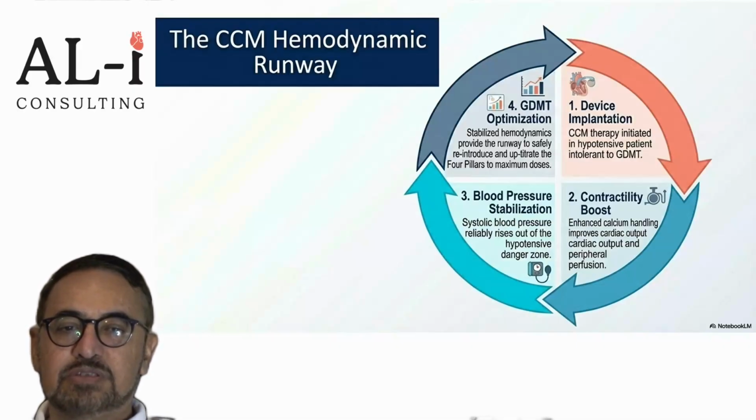Once the circulation is more stable, clinicians can safely reintroduce and uptitrate the four pillars of medical therapy. So CCM in the right patient can be the bridge that allows GDMT to happen. Device therapy thus functions not as a replacement for medical therapy, but as an enabler of optimized medical therapy.